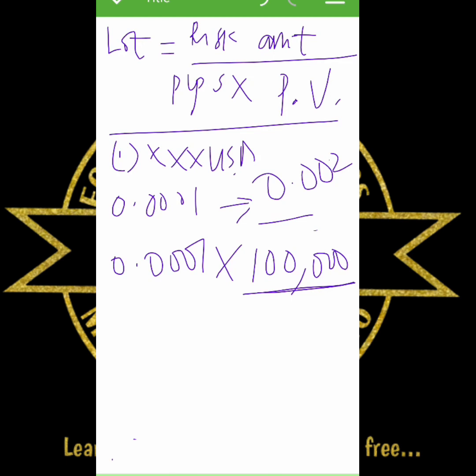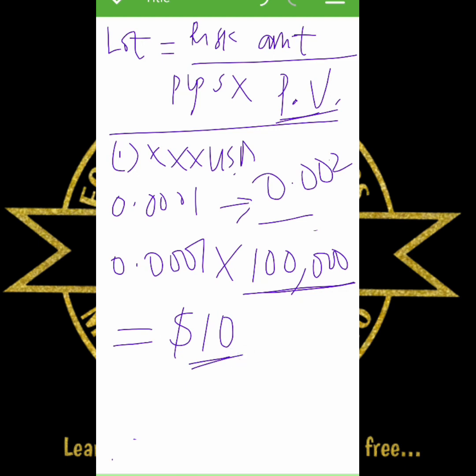You can do more research on lot sizes. So that is how you get your pip value. That means that for all USD pairs, this pip value will be equal to $10.